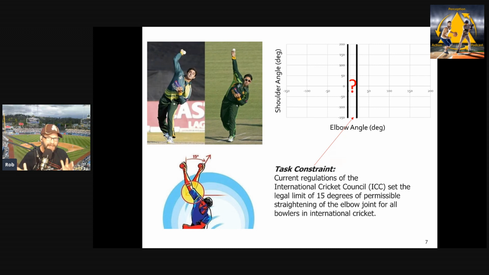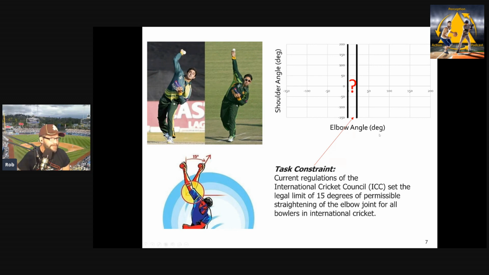So in cricket, I have to be between 0 and 15 degrees elbow angle. I'm not allowed to go outside that. So now the question mark of where do I go, it has to be in that zone, right? So that's what we mean by constraint. A constraint is something added to the solution space that's going to limit my possible choice of solution, where I can end up with my coordination solution.